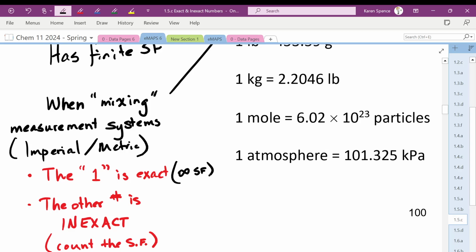If the other number is inexact, we count the sig figs. And that becomes much more clear if we look at an example.